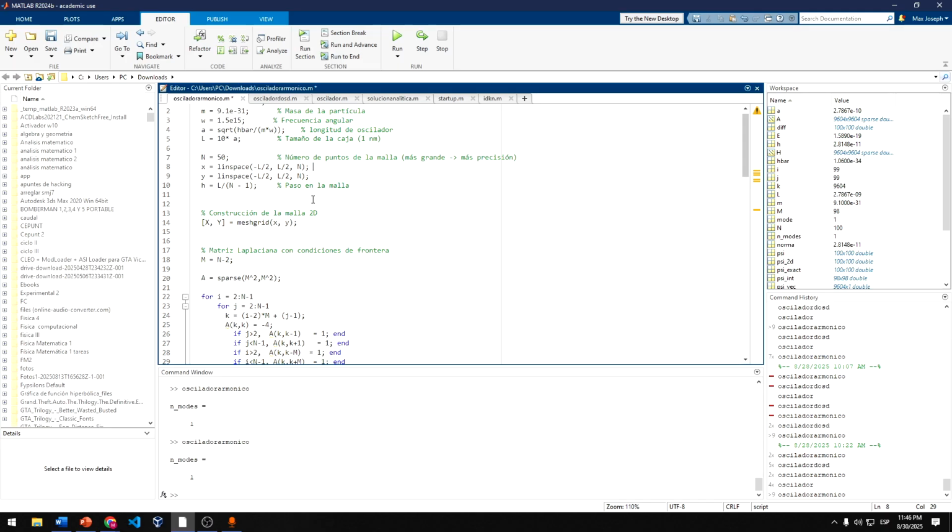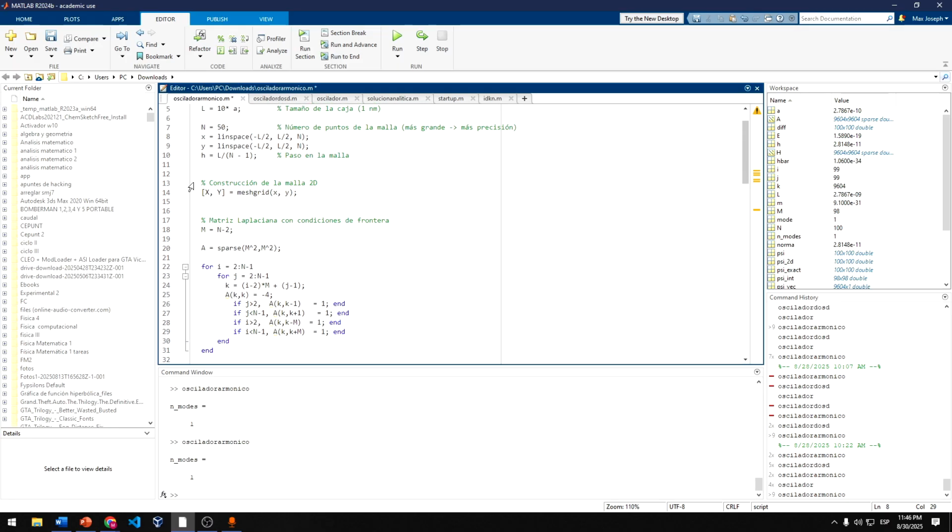Y al momento de hacer esa división tenemos el tamaño de paso. Es como una relación de proporcionalidad.